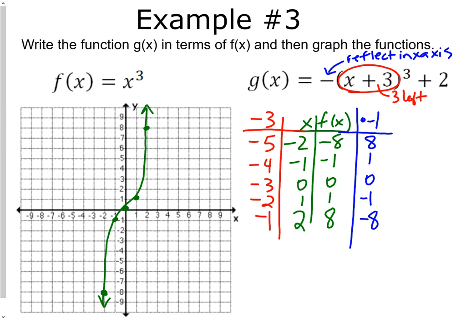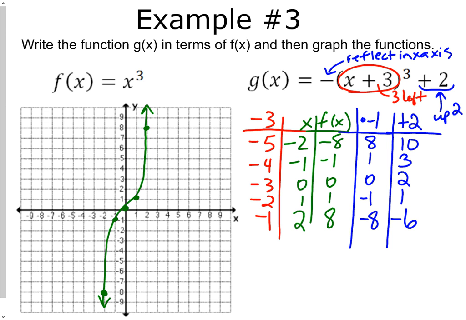Then I have this +2 right here, which means up 2. And remember, that is affecting our y value. So right here, I'm going to go +2. So 8 + 2 is 10, 1 + 2 is 3, 0 + 2 is 2, -1 + 2 is 1, and then -8 + 2 is -6.